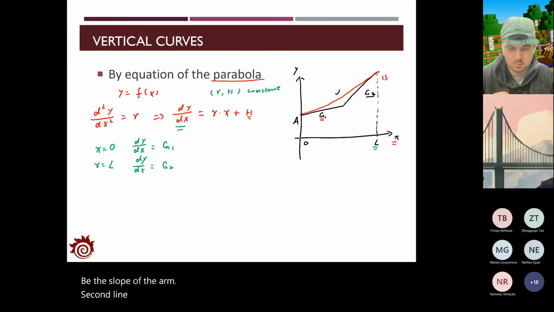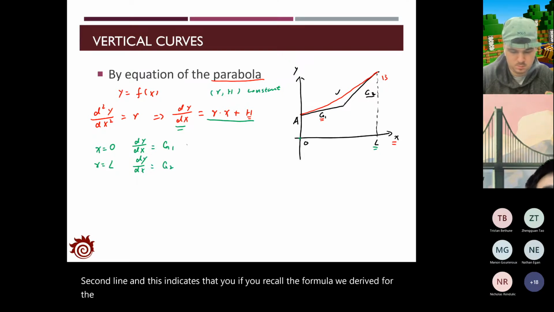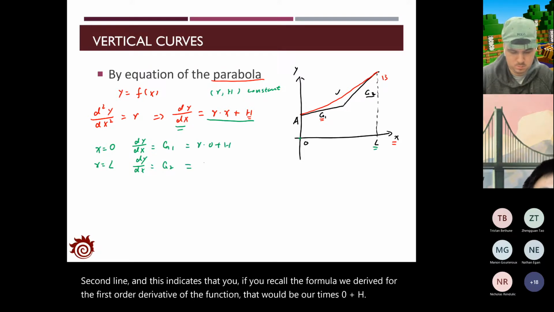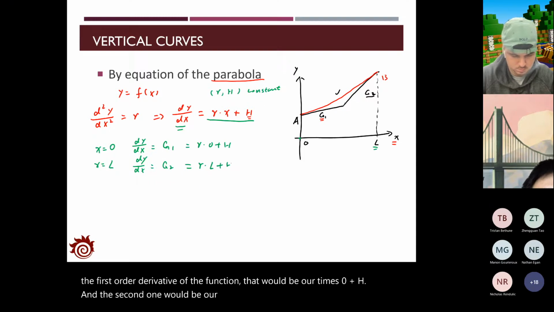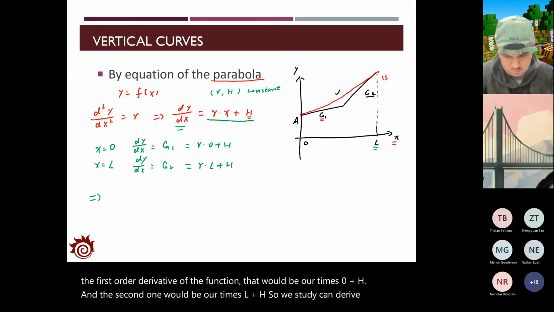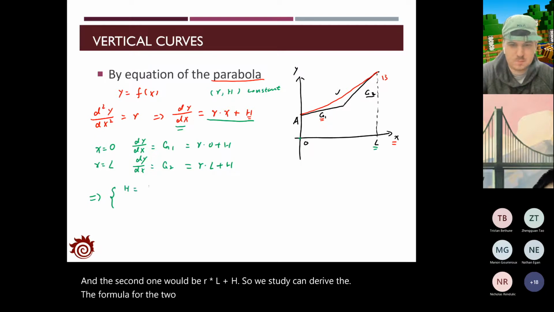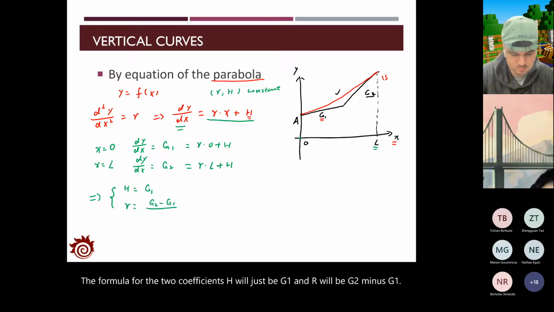If you recall the formula we derived for the first order derivative, that would be r times 0 plus h, and the second one would be r times L plus h. So with that, you can derive the formula for the two coefficients. H will just be G1, and r will be G2 minus G1 divided by L, the horizontal length of the vertical curve.